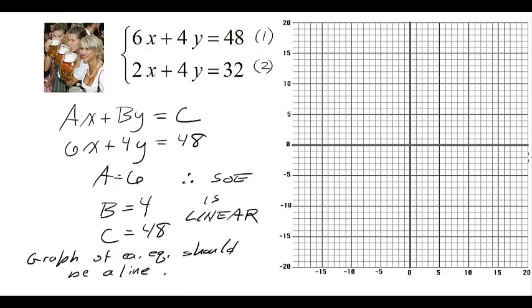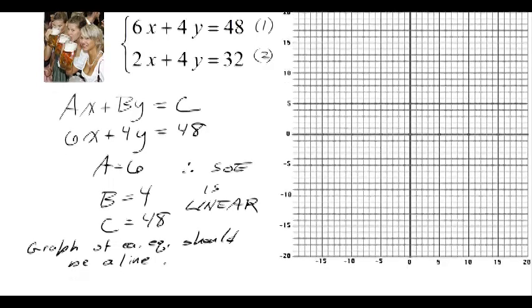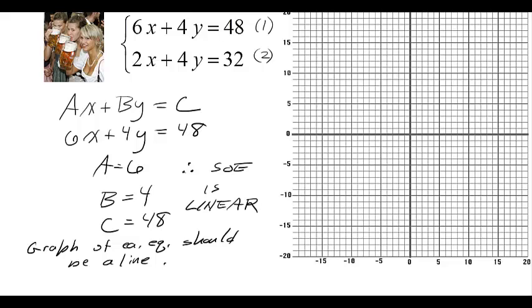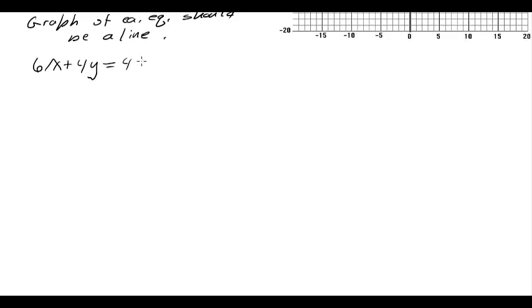So let's check that out and see if it's true. Of course it's true. We know it's true. So let's plot them. 6x plus 4y equals 48. That's our first equation.